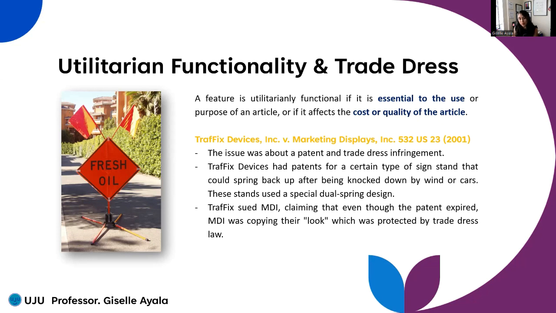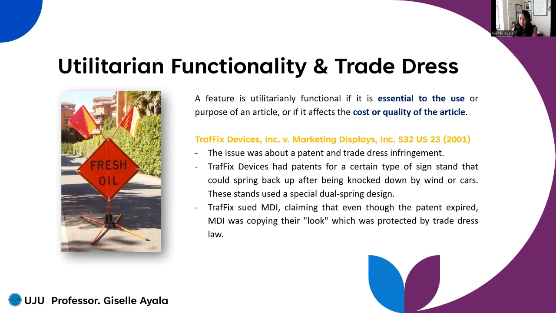The patent expired, and after the patent term finished, the defendant manufactured its own sign. However, the plaintiff argued that the look or appearance of the original sign that was actually covered by patent rights was protected under trade dress law.